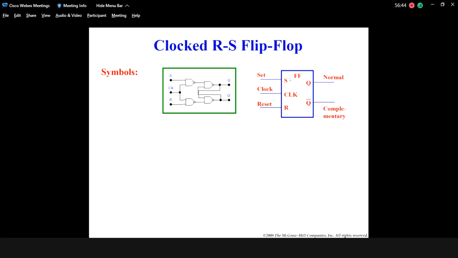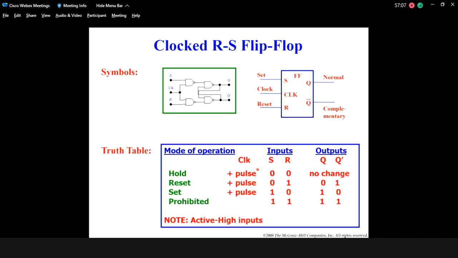We have the symbol for the clock RS flip-flop like this one. However, if you notice, in the input here there is no circle. This is a direct straight line, meaning that it is an active high input.